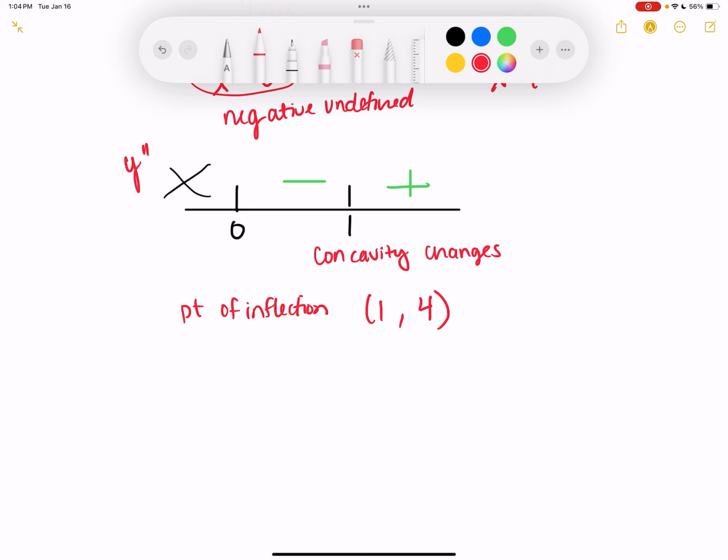Look at example 5 on page 213. It's not exactly a word problem, but it kind of is.